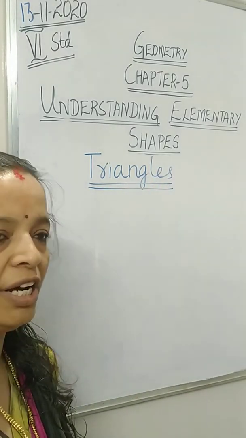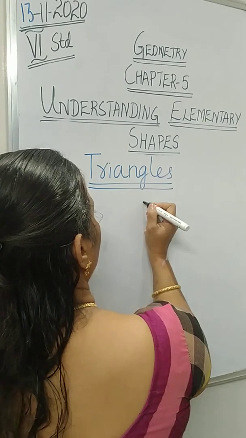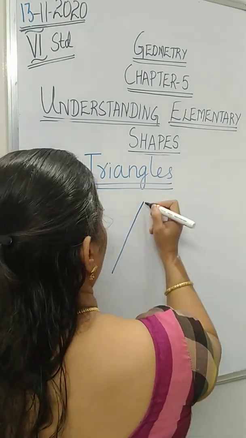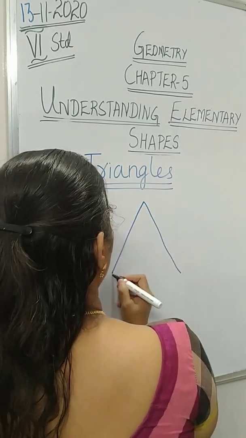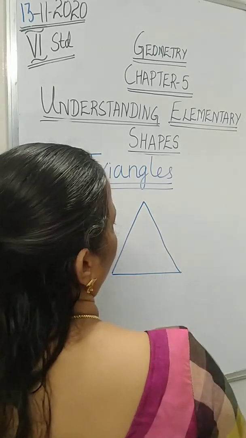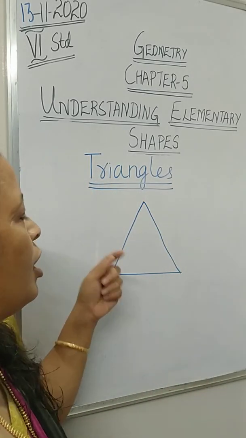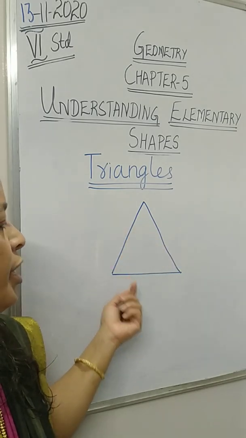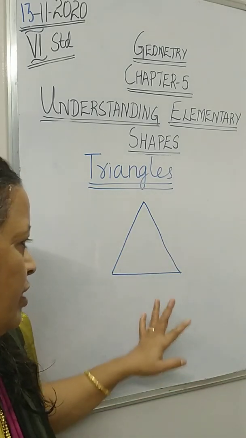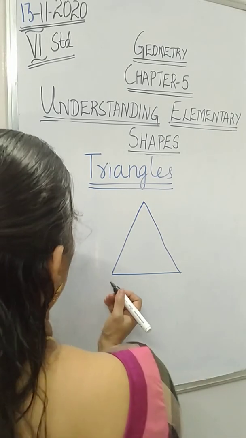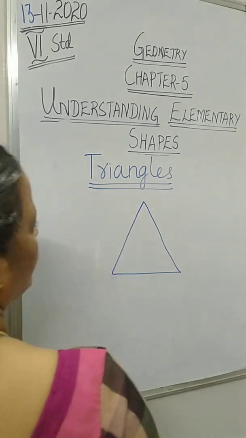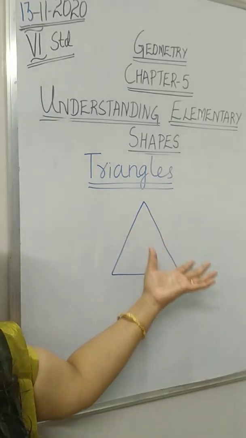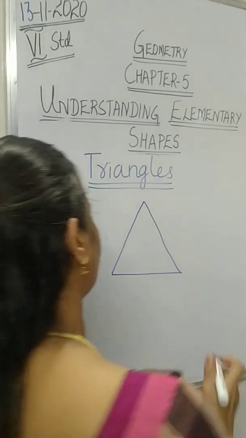Triangle: the polygon which has 3 angles, 3 sides and 3 vertices. A polygon is a closed figure made up of line segments. So, triangle is the smallest polygon. Triangle has 3 sides, 3 angles and 3 vertices.